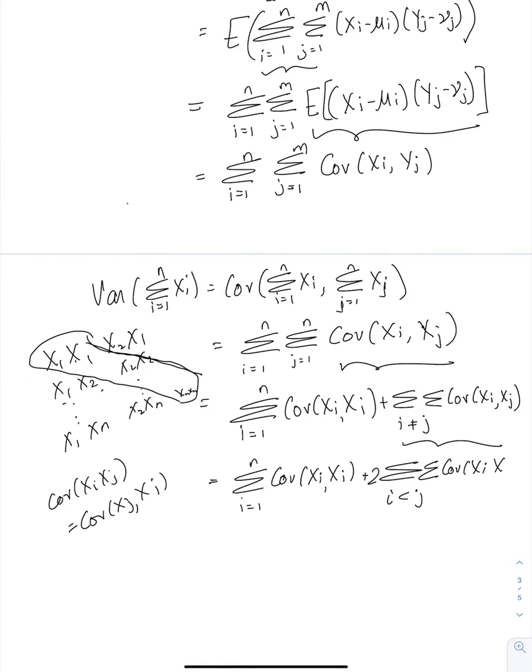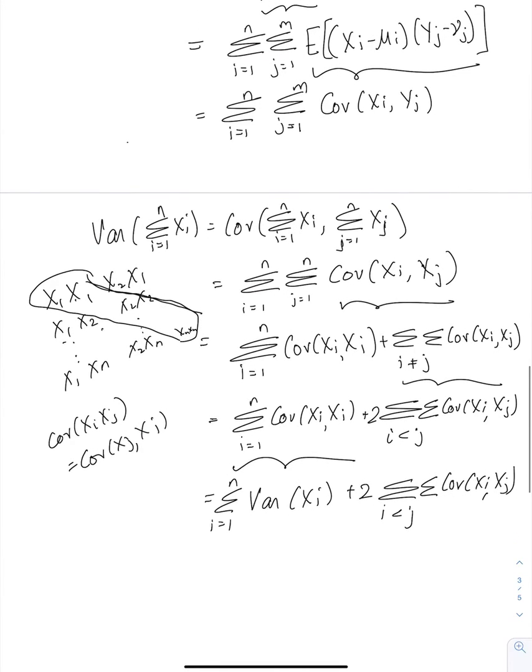Okay, and what can we do now? So this you will rewrite again. What is this? This is just the variance of xi's, and so the sum with i going from 1 to n of the variance plus 2 times the sum over i less than j of the covariance.